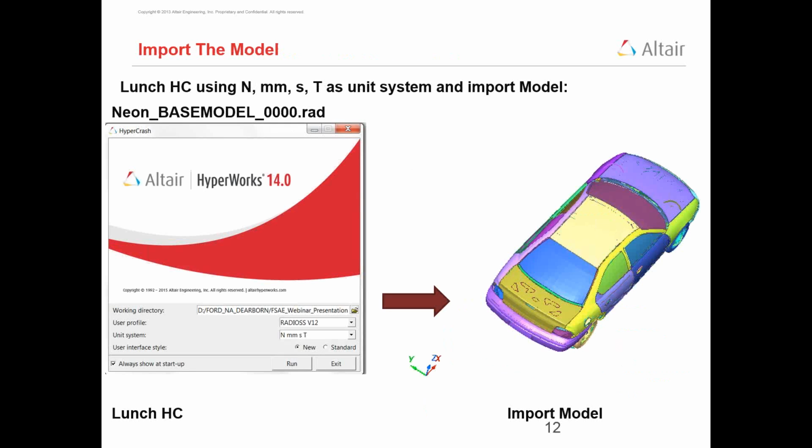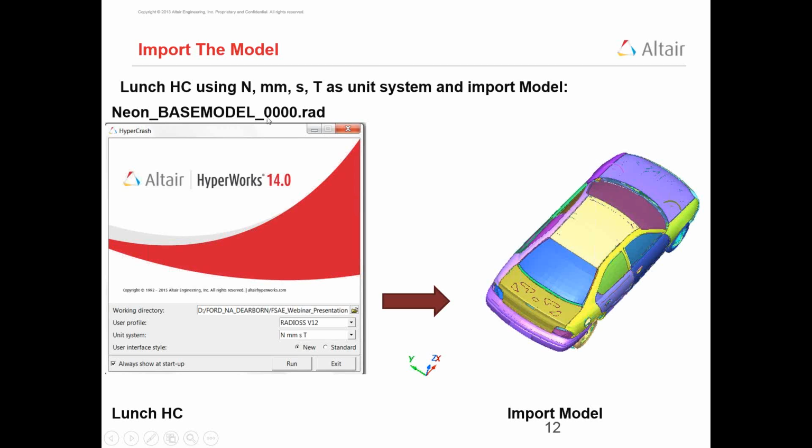Okay, I'm going to stop my PowerPoint here and move to the model setup: how to create material, how to create a section property, and all the other features that we wanted to add, such as interfaces, monitor volumes, and so forth. On HyperCrash, we first launch.